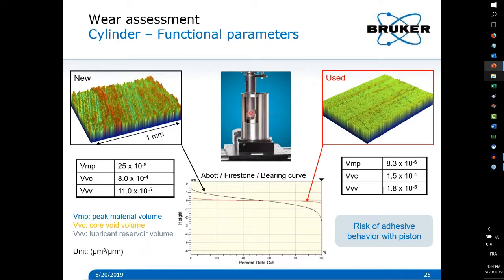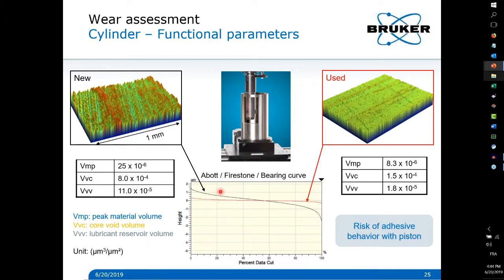So we use a special objective that deflects light in horizontal ways, such that the roughness of the wall can be measured. Out of manufacturing, a cylinder is nicely textured with honing and has a certain roughness, and the one which has been used quite a lot shows a different height profile.